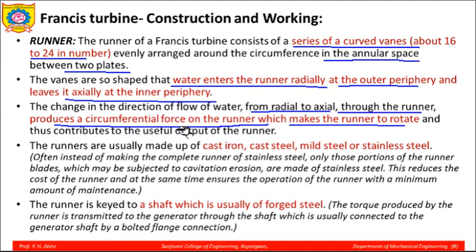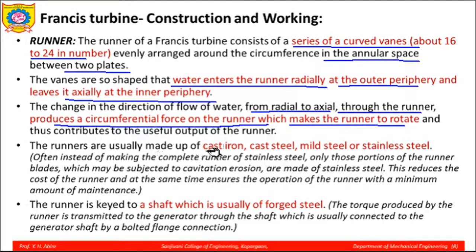So remember, the circumferential force which acts on the Francis runner is generated because of this change of flow direction of the water from radial entry to axial exit inside the runner, right? So that's how the power is produced. The runner is set into motion.